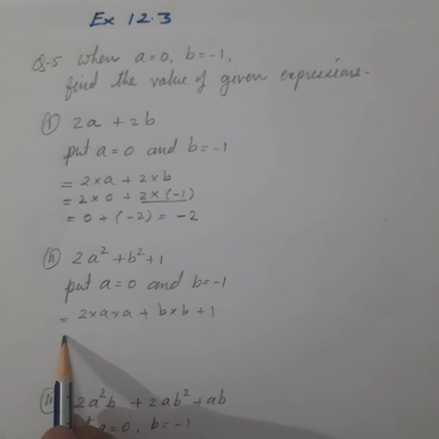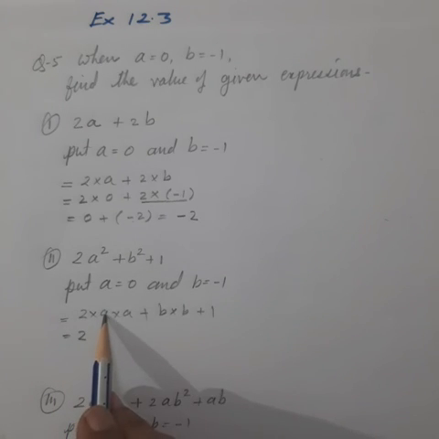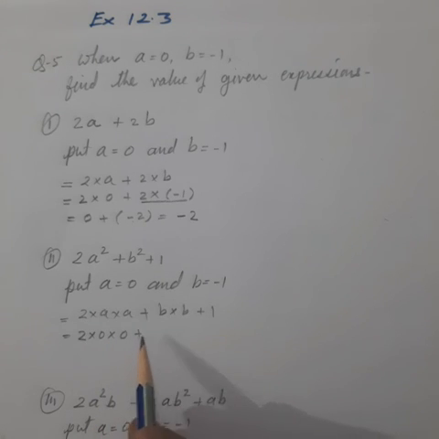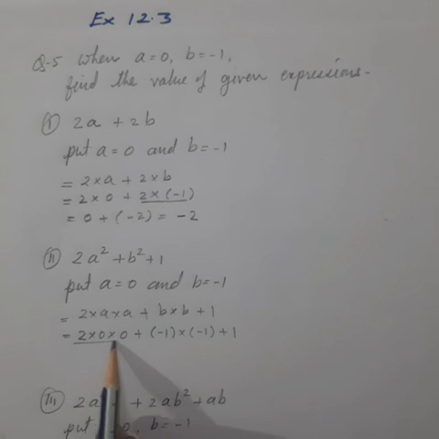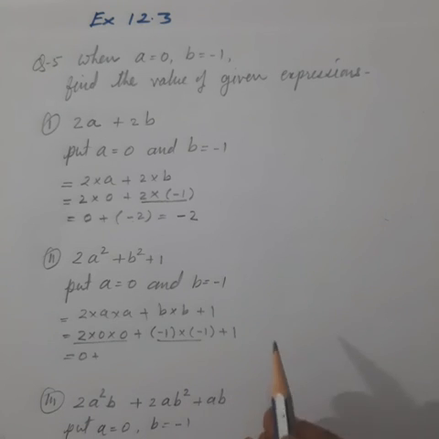Now put the values. 2 at the place of a, 0. 2 into 0 into 0 plus b. Value is negative. Keep it in bracket. Minus 1 into again this b minus 1 plus 1. Any number multiplied by 0 is 0 plus. Now this multiplication.